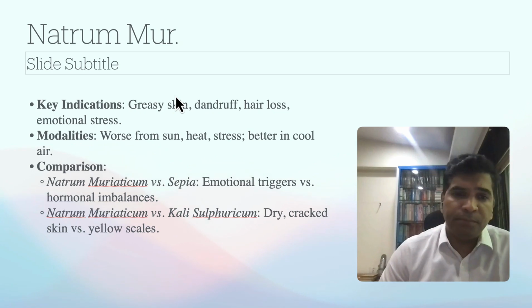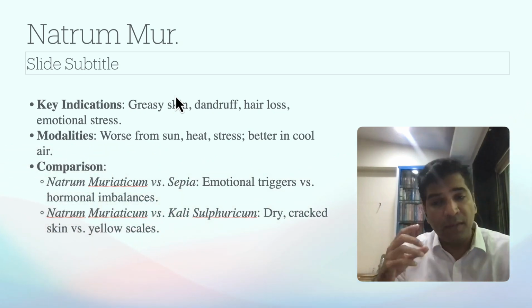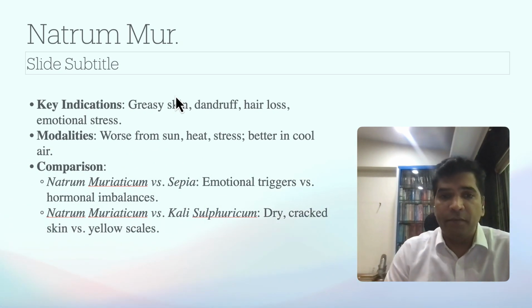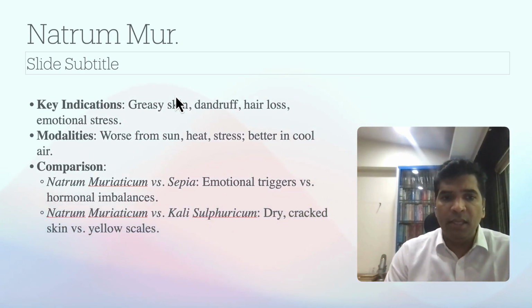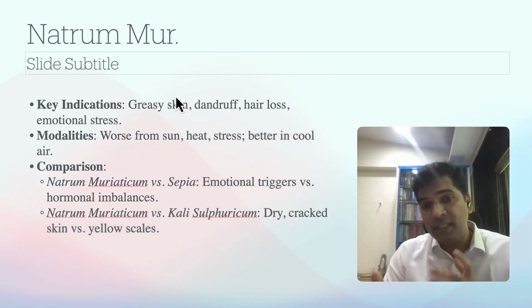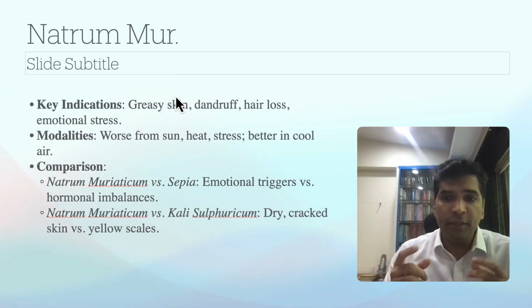Natrum mur we have to differentiate from Sepia because in Sepia usually you will have other hormonal imbalances as a trigger factor. Other age related factors, like in Sepia we see advanced age, usually above 45, 50. Then Natrum mur and Kali sulph have very specific eruptions.